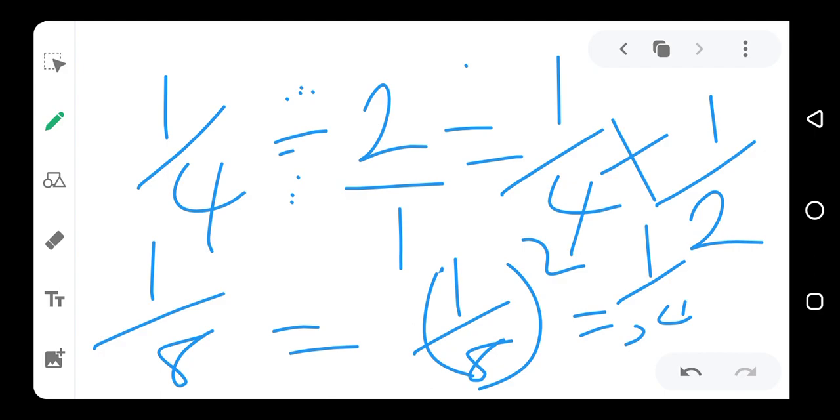Okay, no, we just leave it like this. 1 over 8 squared. Let's leave it. This 1 over 8 squared, we add it to the left hand side and to the right hand side, to both sides.